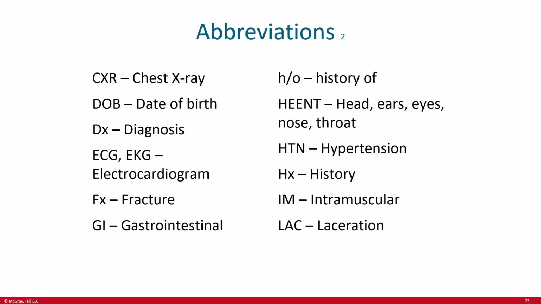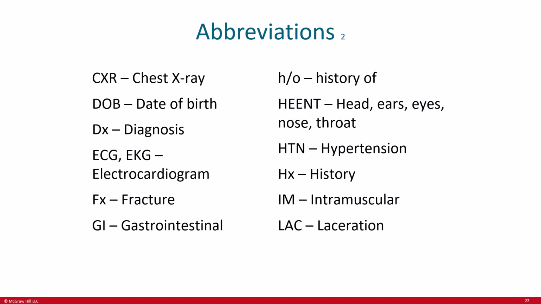DOB, date of birth. DX, you'll see me use this one a lot in our notes, or if I make an announcement and I'm using the word diagnosis, I'm going to use this to get you familiar. So DX is diagnosis. ECG or EKG, it's actually going more towards ECG now because of cardio starting with a C. This is electrocardiogram. Fracture, it's another one I'll probably use, FX.